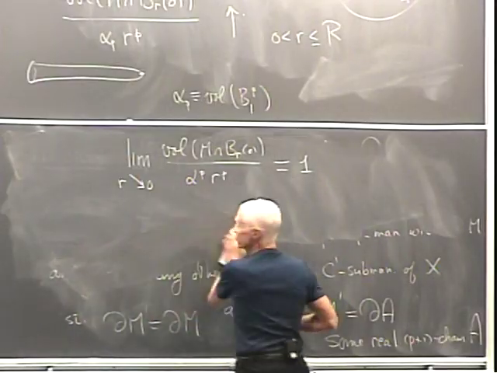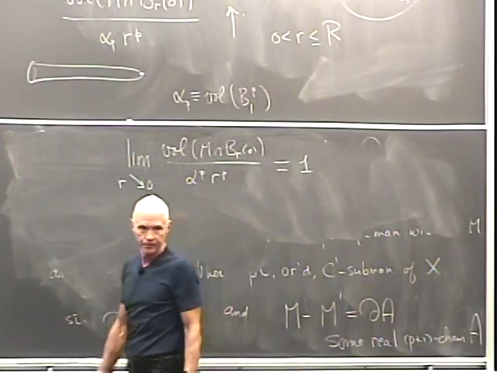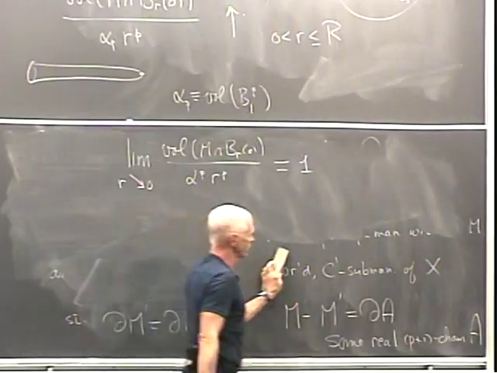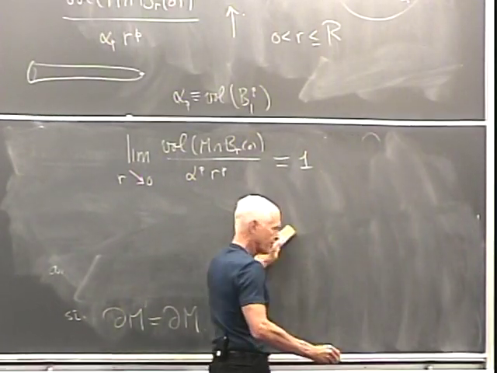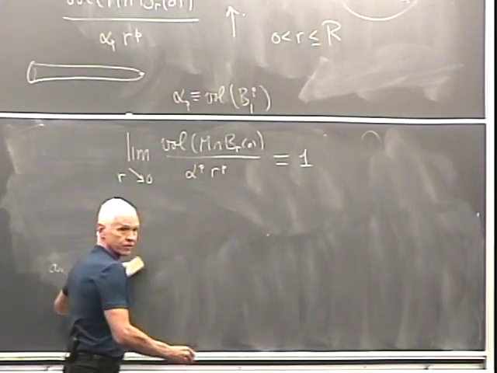That's not hard to see for a submanifold of class C1. So this means in particular that the volume is always bigger than that of the unit disk.